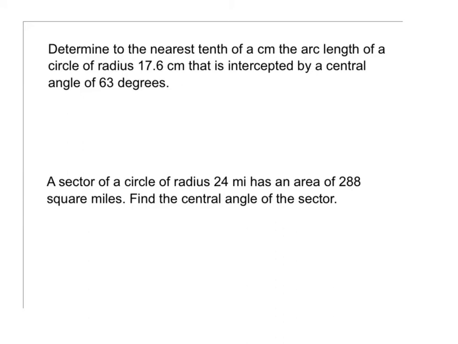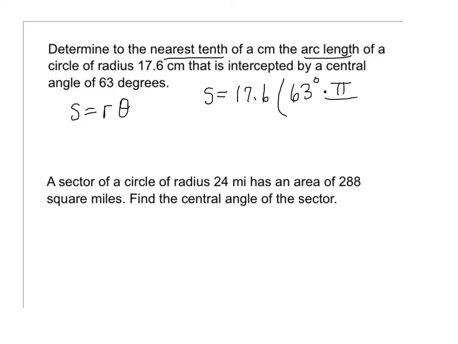The next example is to determine, to the nearest tenth of a centimeter, nearest tenth, that's important, the arc length of a circle with a radius of 17.6 centimeters that is intercepted by a central angle of 63 degrees. All right, so I want arc length. Arc length is equal to the radius times the central angle in radians. So I can write this out. Arc length is equal to 17.6, that's my radius, times 63 degrees converted to radians.